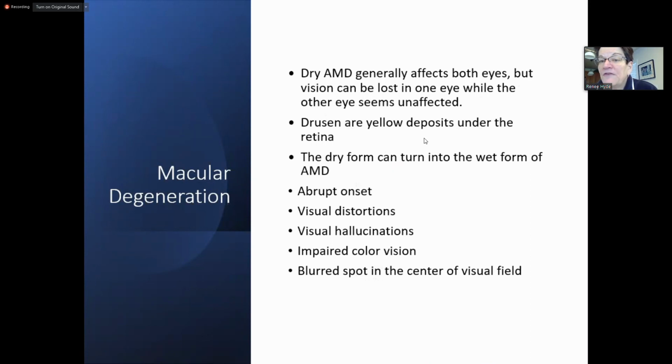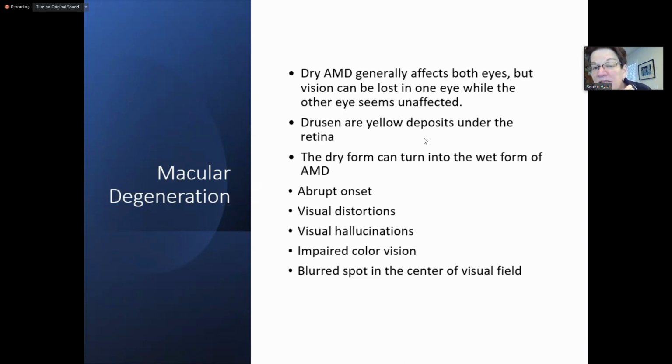It typically affects both eyes, but sometimes the vision can be lost in one eye while the other side may seem unaffected for a while. Drusen are yellow deposits that occur under the retina. This dry type can turn into the wet form of AMD.